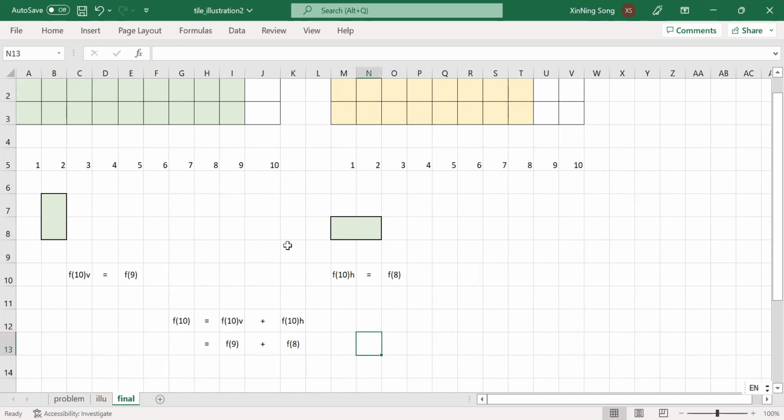Okay, and then we got it. We totally got it, right? So if we extend this to 11, to 13, to whatever, we can just change this. It doesn't matter what the number is, any number.